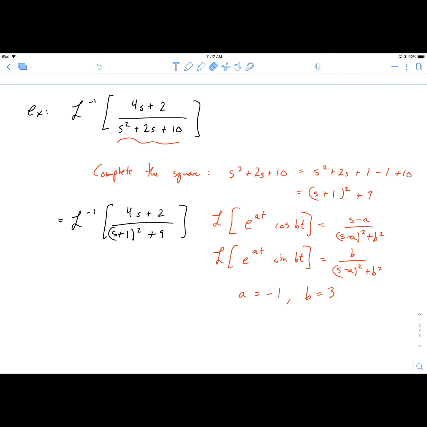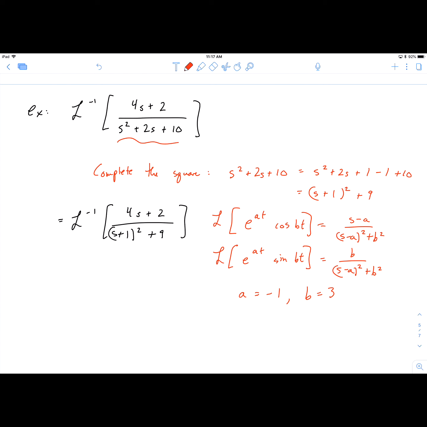And the conclusion is it's going to take both of them to make it work, because unless the numerator is conveniently one that matches either the cosine or the sine, it's more likely you're going to need both. So let's work on the cosine first, because it's harder to get the s to be correct than it is to get just a constant by itself. So we'll start with the harder part, so that the second half will be easier.